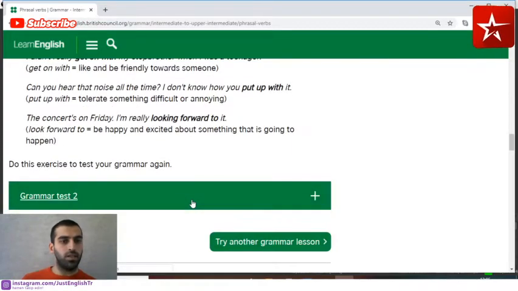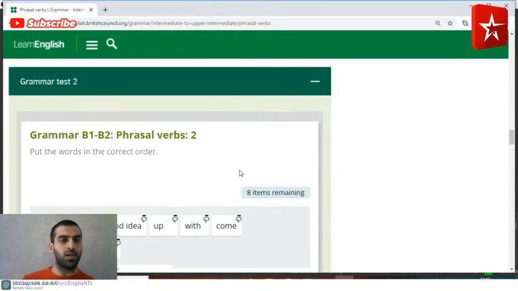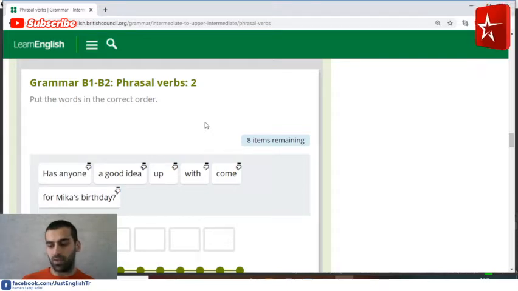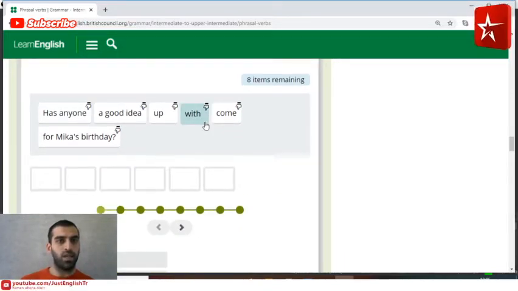Let's continue with the exercise. I will ask you to make sentences with the correct phrasal verb. We have to use them in the correct order to make the sentence. Okay, I'm waiting for your answers, I'm waiting for your comments, and let's make a sentence.